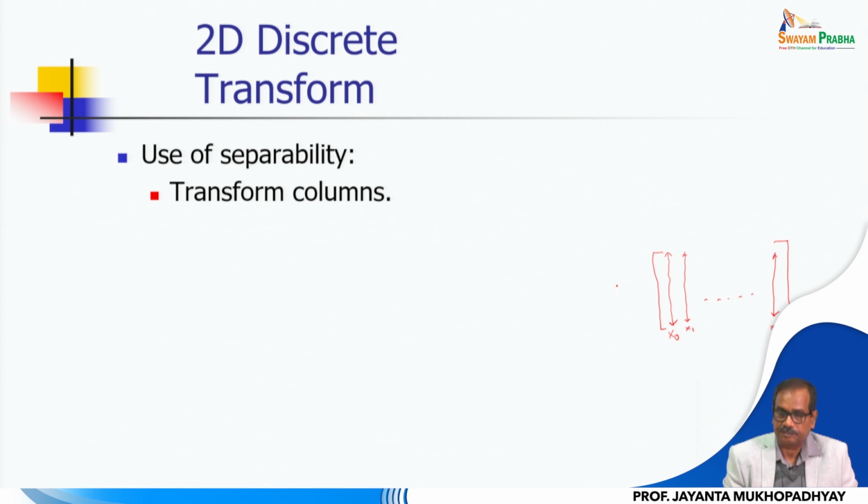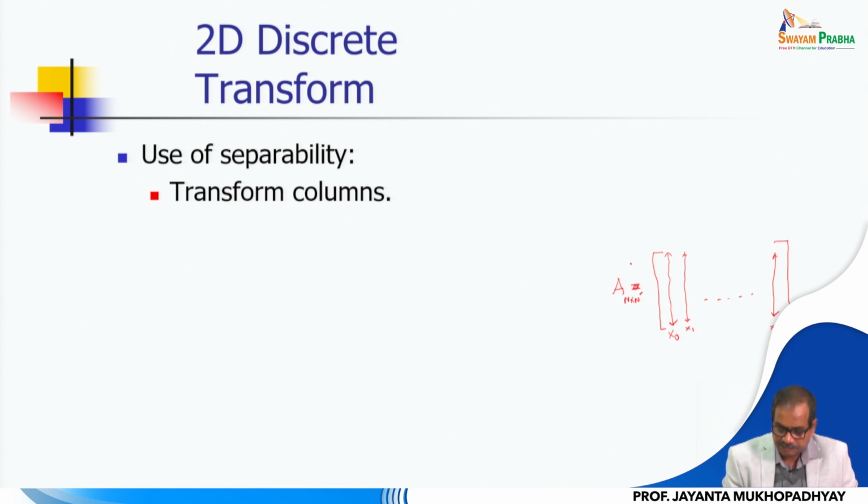And suppose you have a transformation matrix A. That is a one-dimensional transformation matrix, which means in this case n cross n. Let us assume these are of length n, and there are m number of vectors.